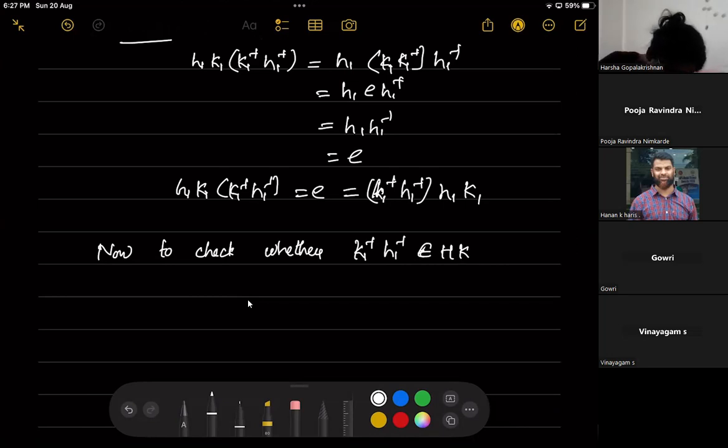Now, this K1 inverse H1 inverse belongs to K1 inverse H. This H1 inverse is an element of H. I am considering the coset K1 inverse H. Obviously, K1 inverse H1 inverse belongs to K1 inverse H because H1 inverse is in H. And by the normality condition of H, what can we write? K1 inverse H equal to, what will be K1 inverse of H since H is normal?